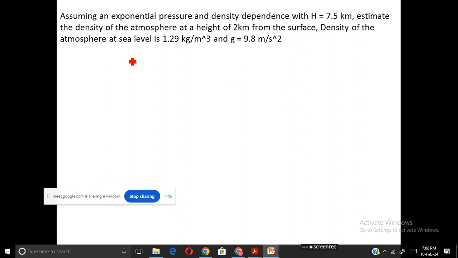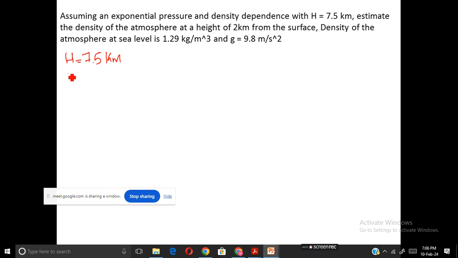What is given: the scale height of the atmosphere, capital H, is 7.5 kilometer.